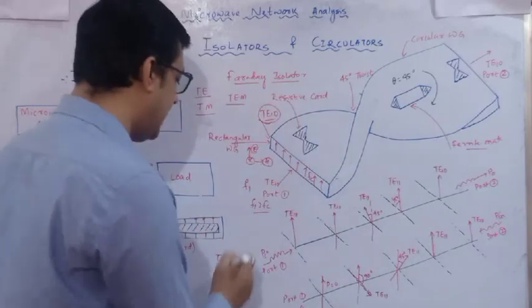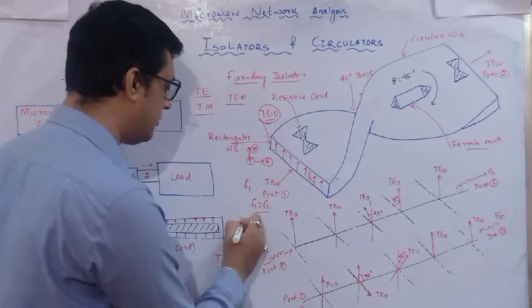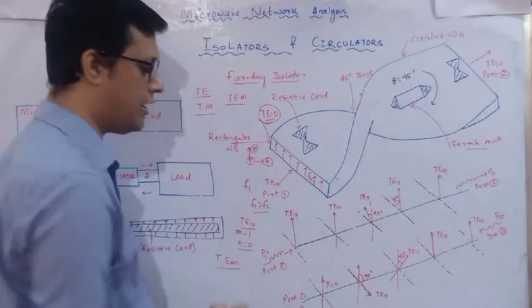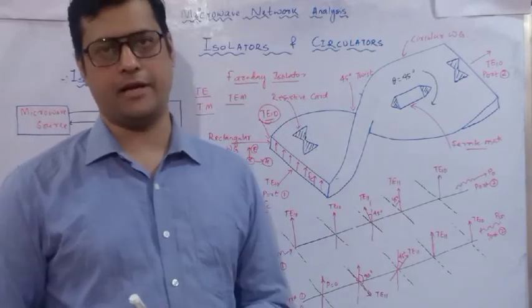So in TEmn, m equals 1, n equals 0. So we have TE10 mode, and TE10 is the dominant mode for a rectangular waveguide.